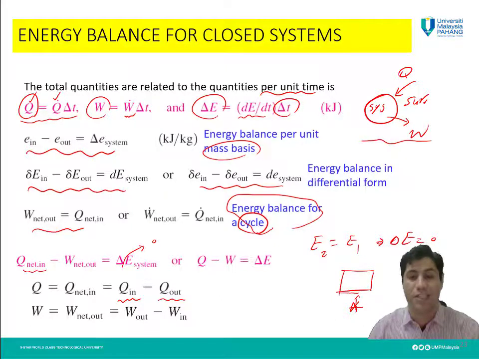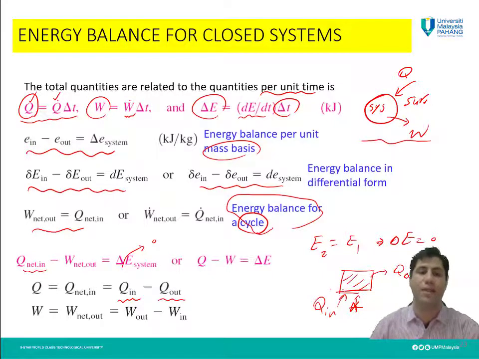Then we have Q in here. And also we have heat transfer from this. Imagine here we have water. We have also heat transfer from this system to the surroundings. We have Q out. So you can see here the Q net will be the difference between these two, Q in and Q out. That is the equation which we have here.